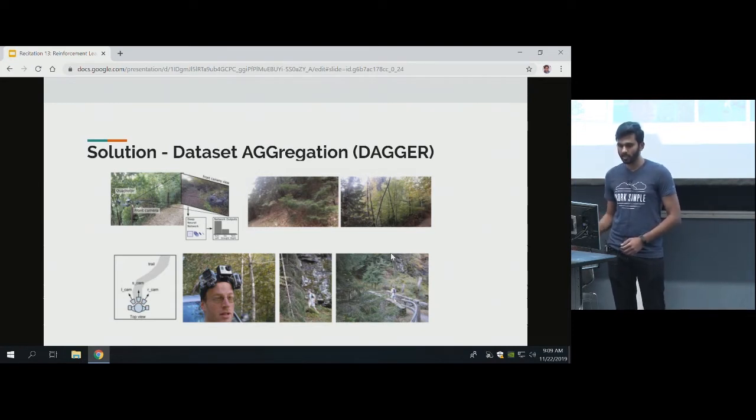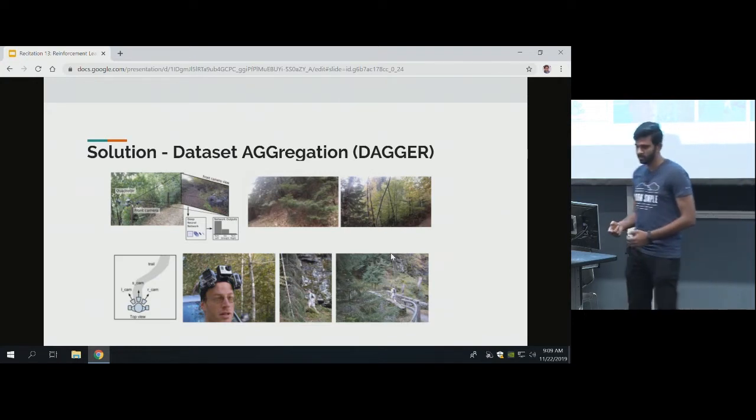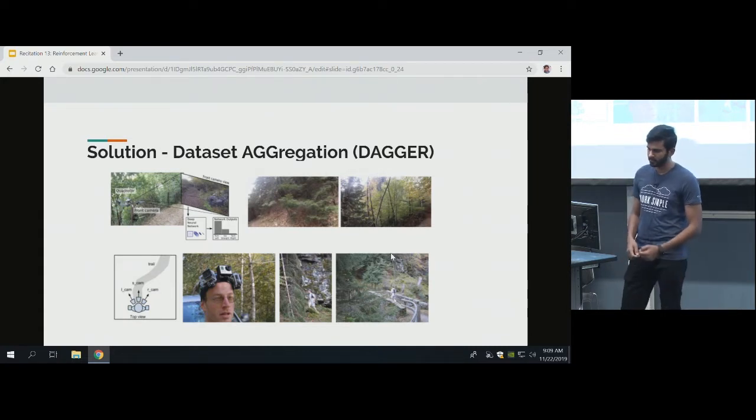So here you see a picture of a person with head-mounted cameras. The idea behind this project was that the person was trying to train a drone to fly using reinforcement learning along mountain trails, and the dataset aggregation was through the three cameras.